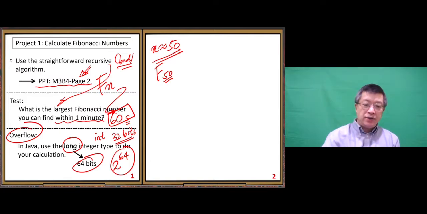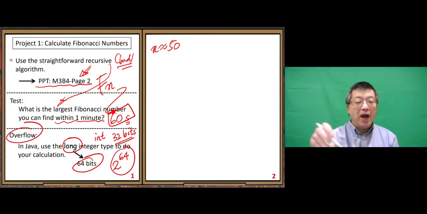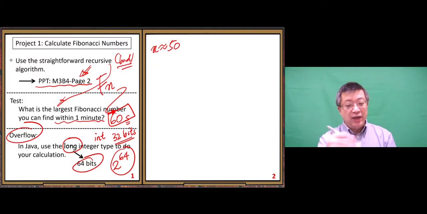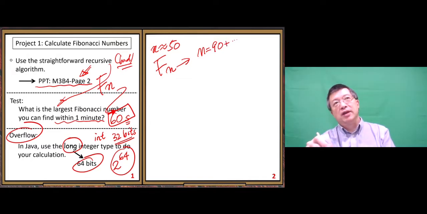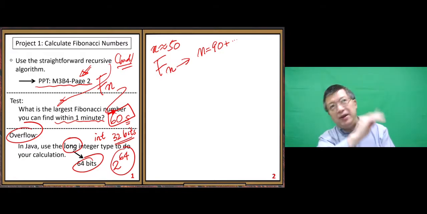Based on my experiment result, if I use the long integer, I can go to F of n, where n equals 90-something. Less than 100, a little more than 90.